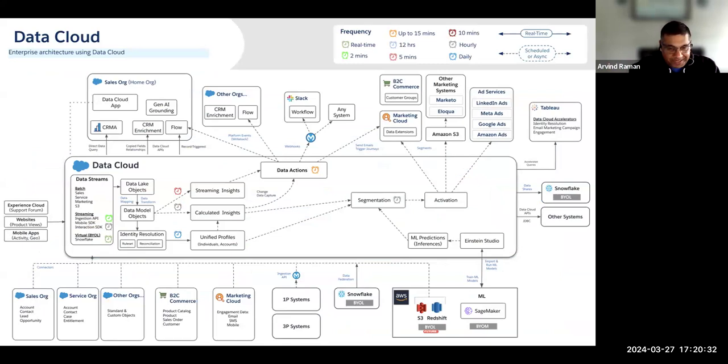Within Data Cloud itself, you're able to do some transformation, run identity resolution, create your insights, and then trigger data actions or do segmentation to call other systems. So this is more of a master-level architecture for what an enterprise architecture looks like with Data Cloud.